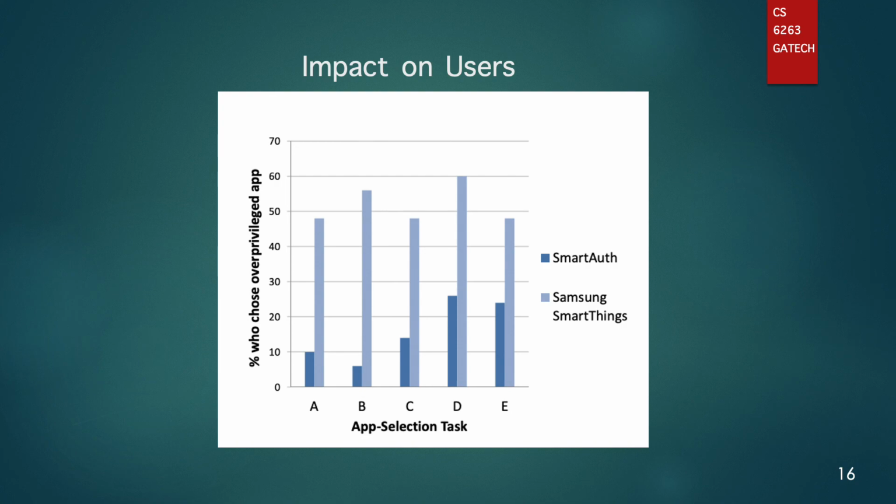Around half of participants who saw the Samsung SmartThings interface chose the overprivileged app. In contrast, only between 6% and 26% of SmartAuth participants chose the overprivileged app. This simply means that users made better decisions with the SmartAuth app.